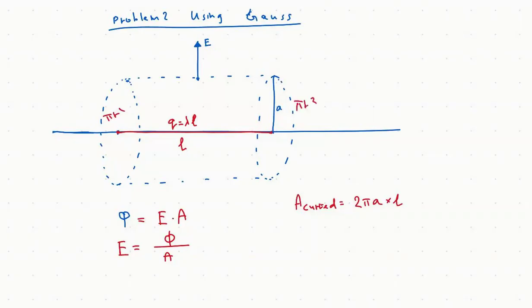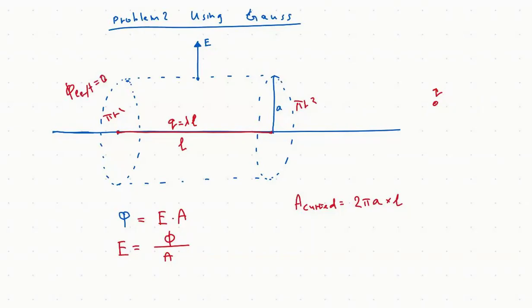But we've already discussed, if you have a charge in the middle, and you have two faces placed symmetrically to one another, the flux in this direction and the flux in this direction... Oh, sorry. The flux through these faces would be zero because we already know that the field is perpendicular to the wire. So the flux to the left end is going to be zero because the field is perpendicular to the wire.